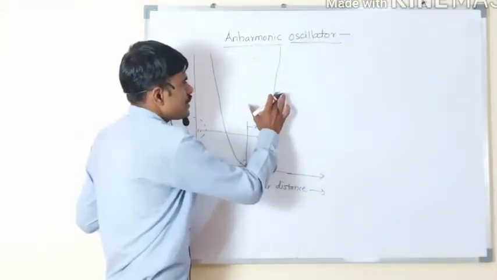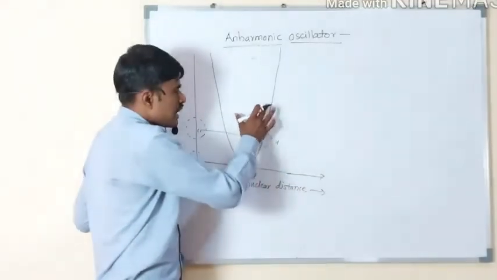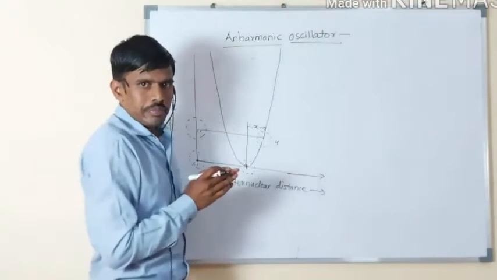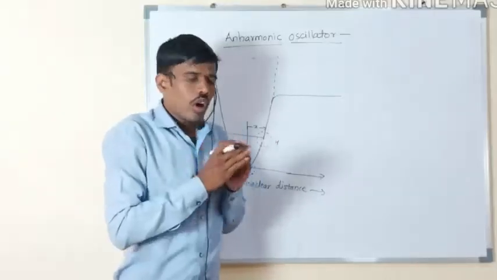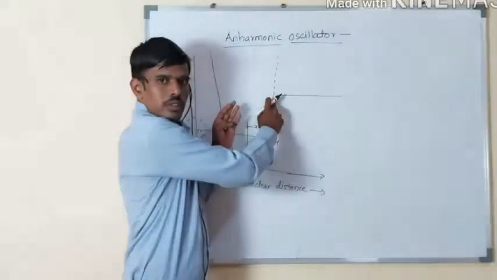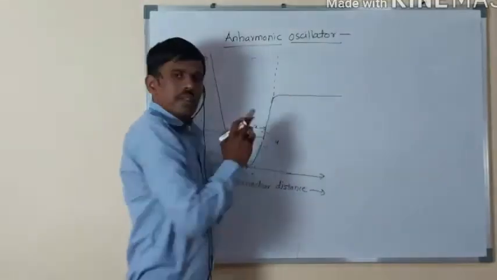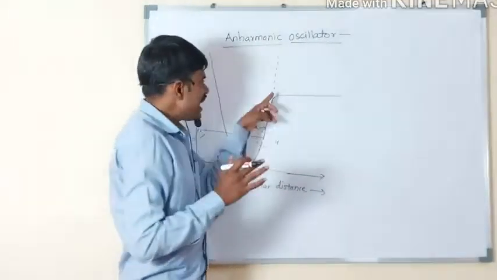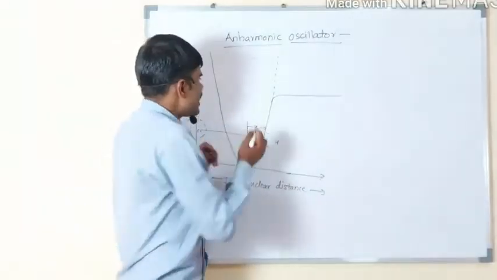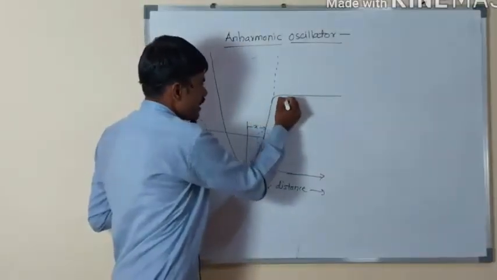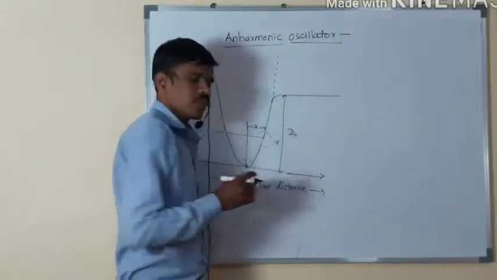Up to a certain limit, the potential energy curve follows Hooke's law, and up to a certain point, potential energy increases. But if the potential energy is equal to the dissociation energy, suppose this is the dissociation energy, or the energy which is required to break the bond.